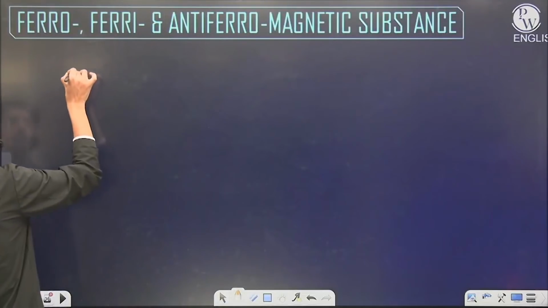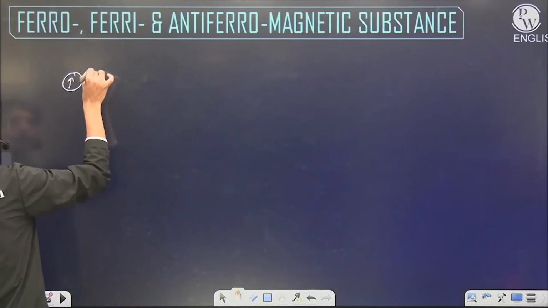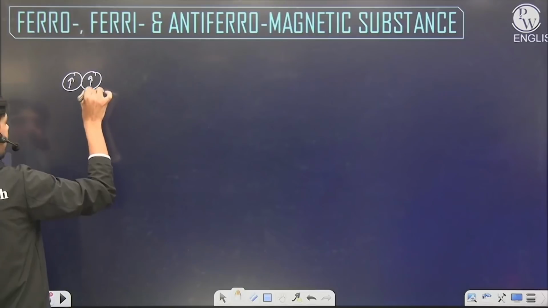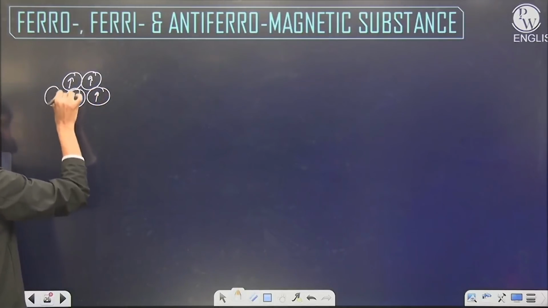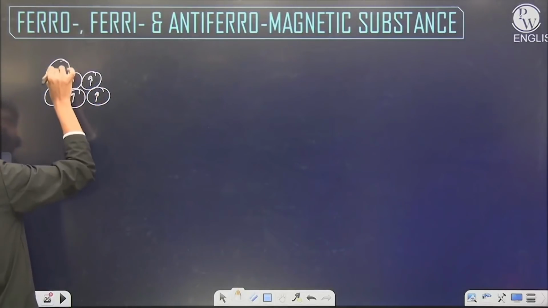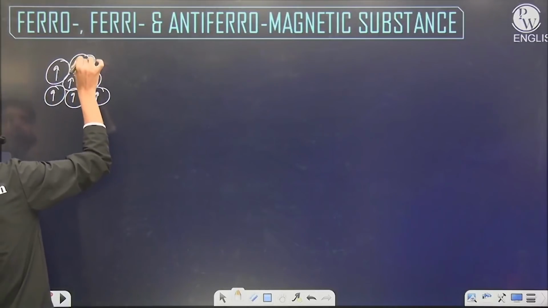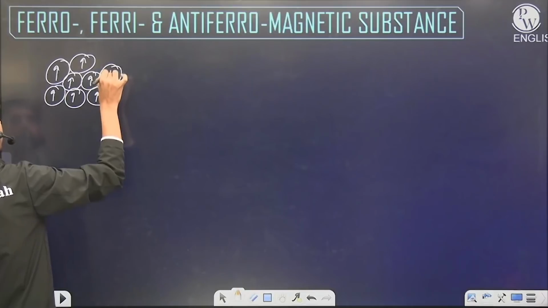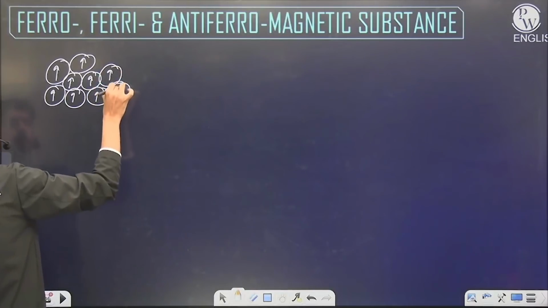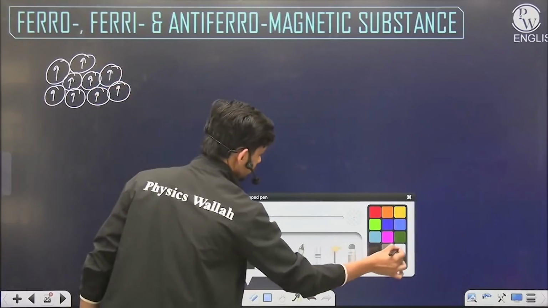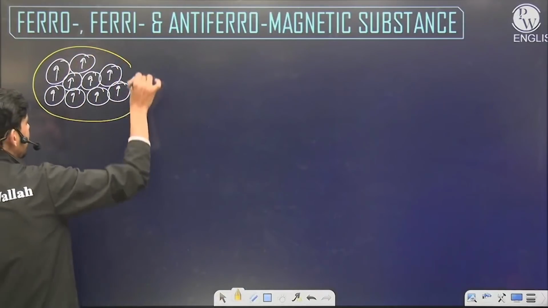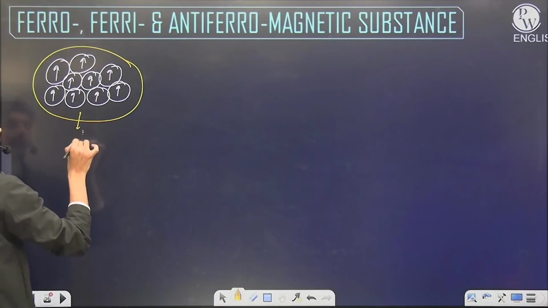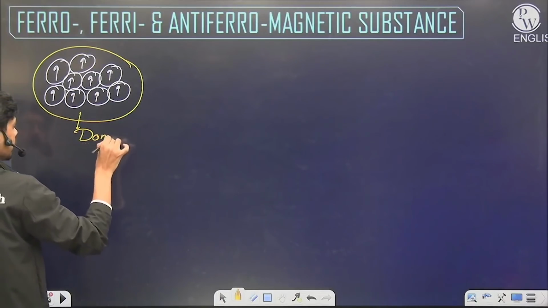And such regions are called domains. So domains are basically formed in paramagnetic material when 2 or more atoms are attached together having magnetism in parallel direction. And this produces a strong effect because many magnetic fields are being added.